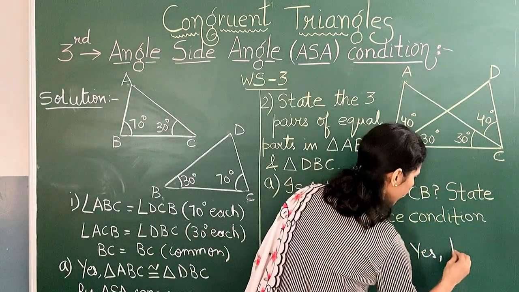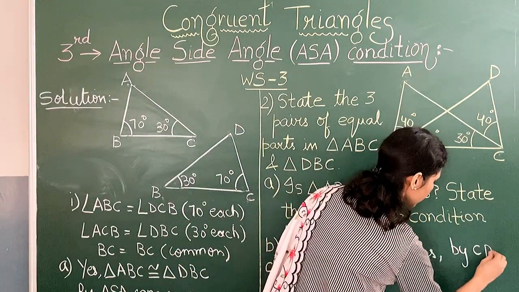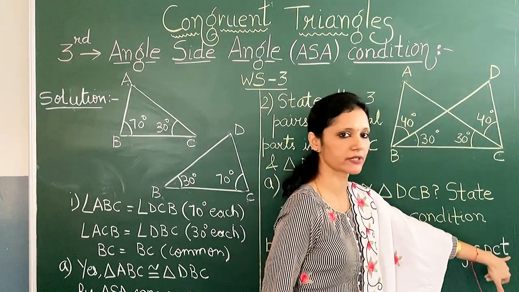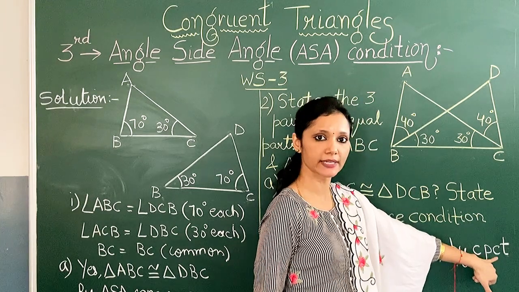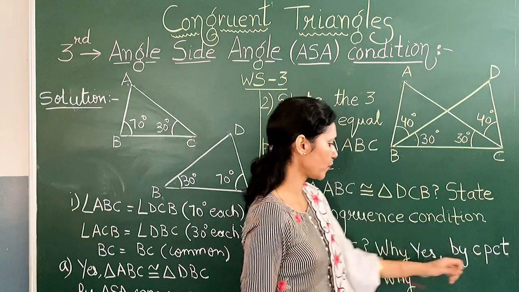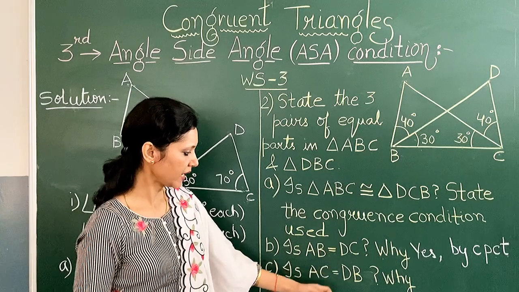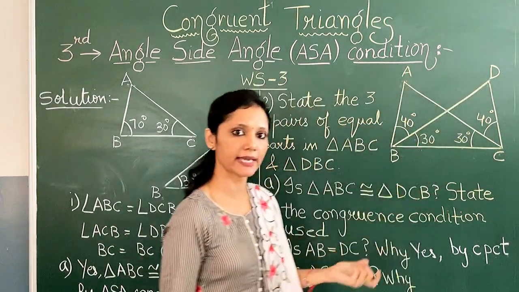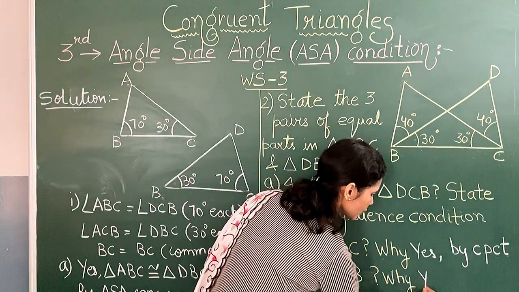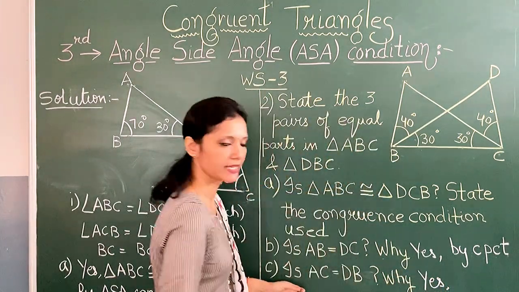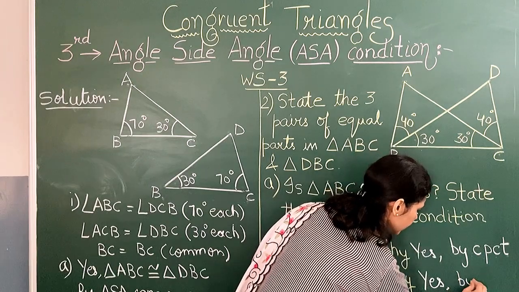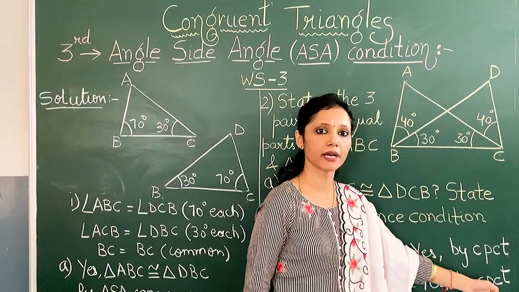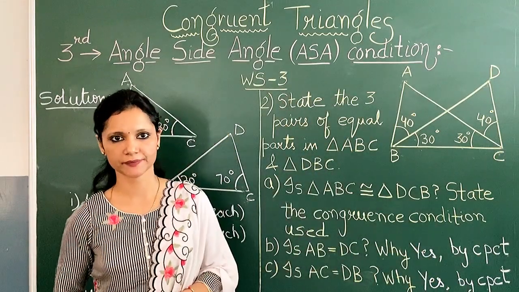Reason is by CPCT, that means corresponding parts of congruent triangles, because we have already proved the triangles are congruent. Again, AC is equal to DB. Since we have proved the triangles are congruent, the answer would be yes, and the reason would again be by CPCT, that is corresponding parts of congruent triangles.